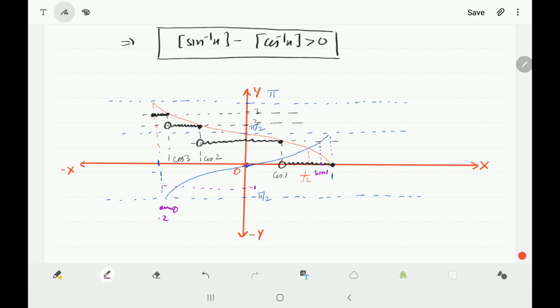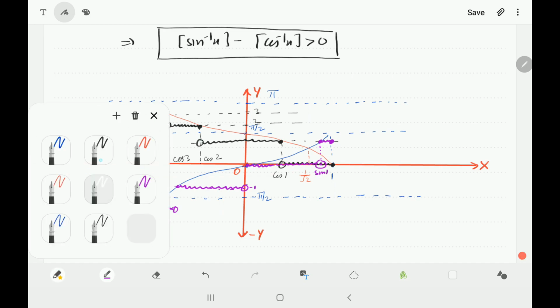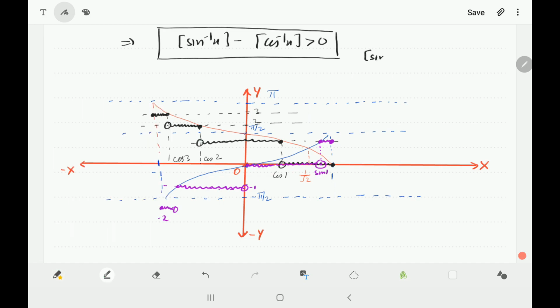Okay, this value is -2. Then from here to here the value is -1. Then from here till here we have the value to be 0. So we will get the value to be 0 here till here, and then from here to here we have the value as 1.